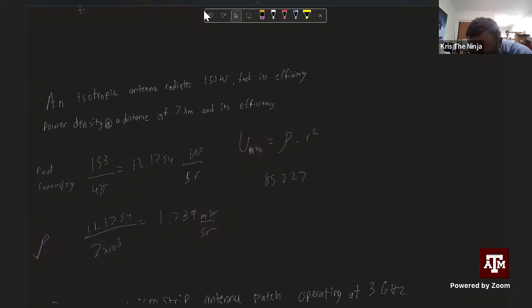Then you could do 10 log of that. Or is it 20 log? It's 10 log. So that gives a loss in dB of 38.4, which I think is reasonable. That's what I got as well.